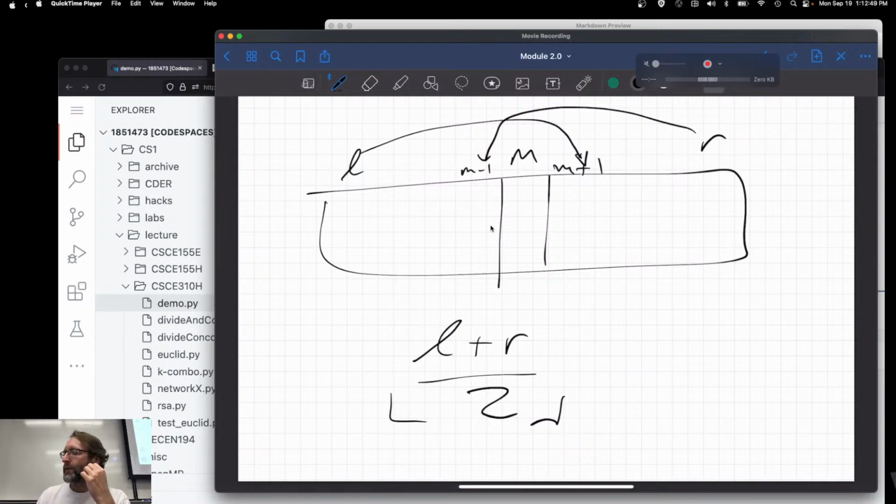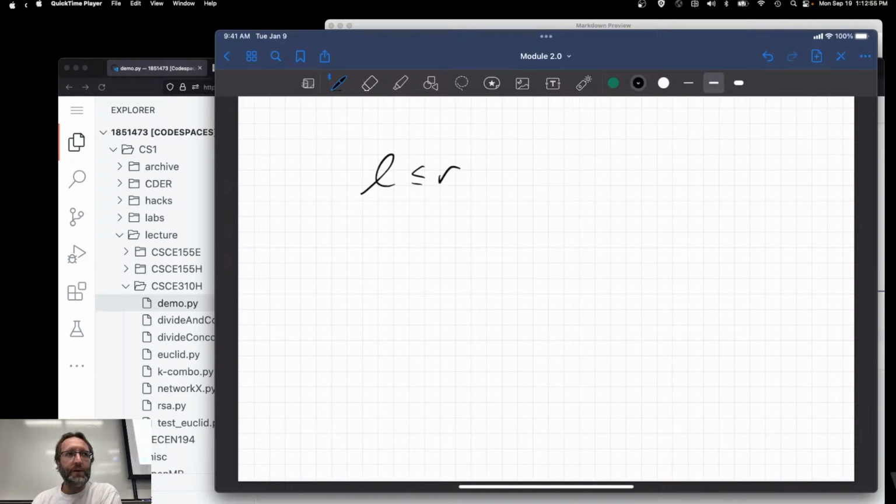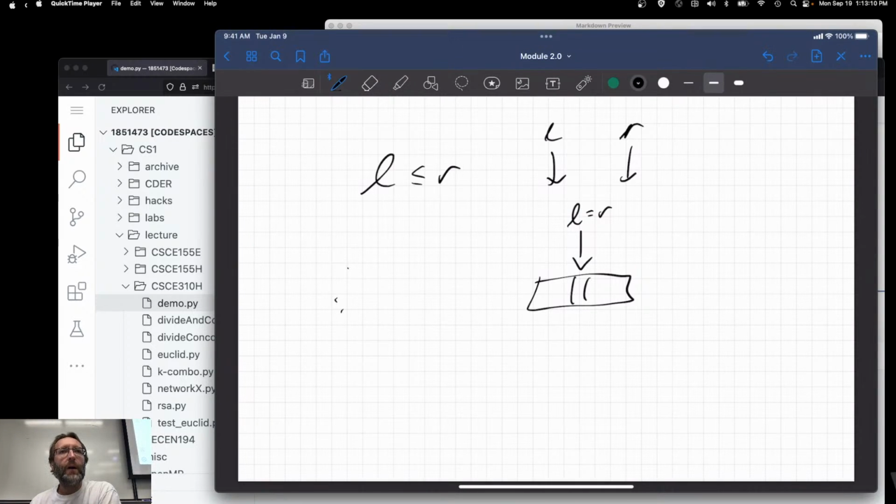So now let's think about this visualization. How did we get out of this loop? Left and right, as long as they're less than or equal to each other, right? Left, right, or they're on top of each other. Left is equal to right, and I'm looking at this element right here. Then we continue searching. How did I break out of that while loop?